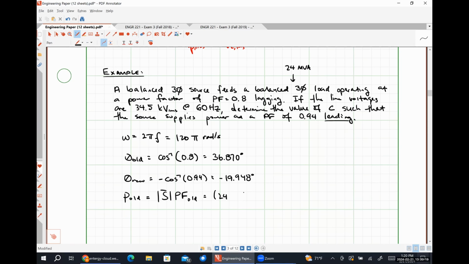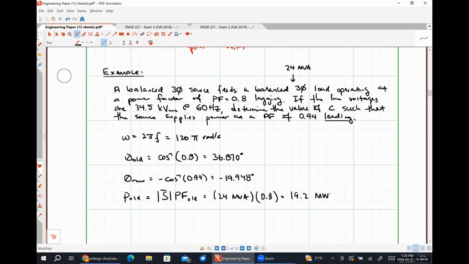So that's going to be 24 megavolt amperes times 0.8, which comes out to be 19.2 megawatts. Anybody have any problem with that? Literally just from the definition of power factor. And so the last thing that I need is my voltage.